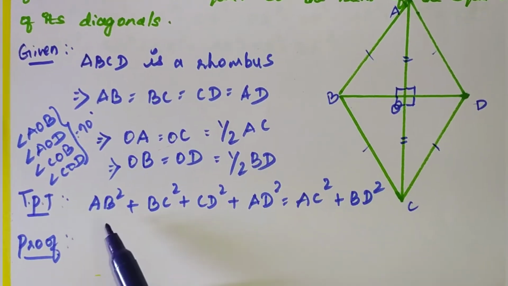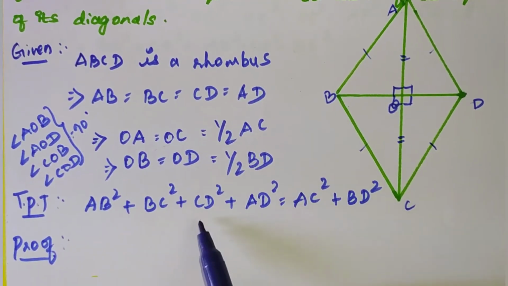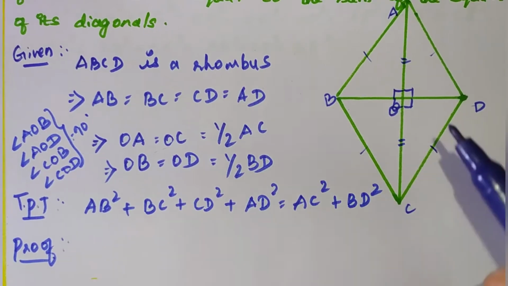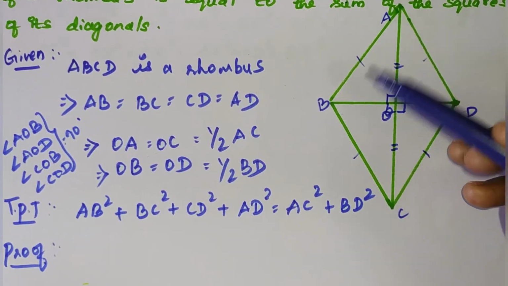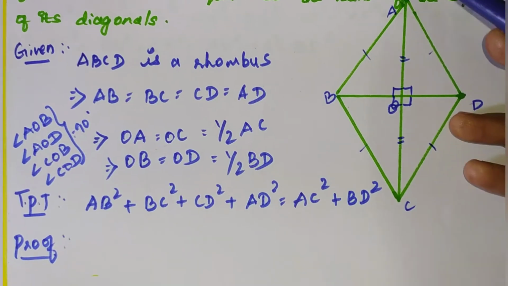So what we have to prove is that AB square plus BC square plus CD square plus AD square.